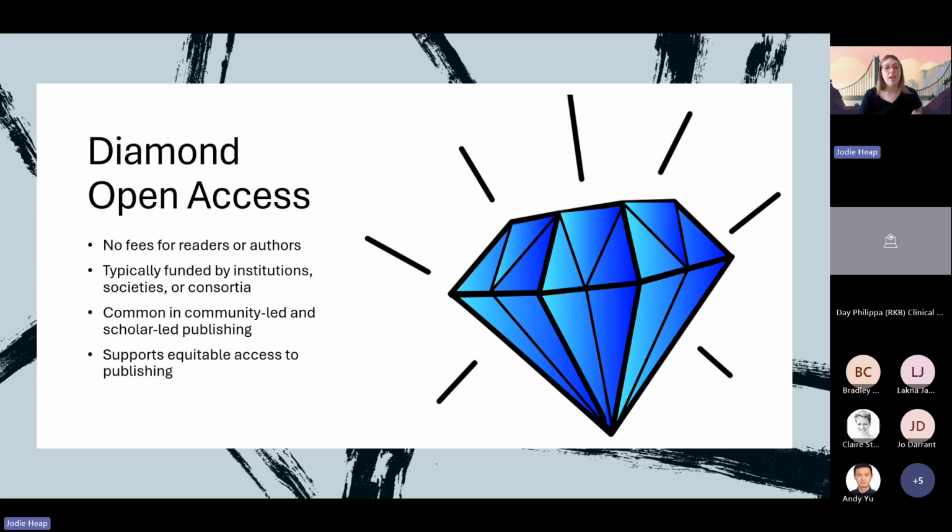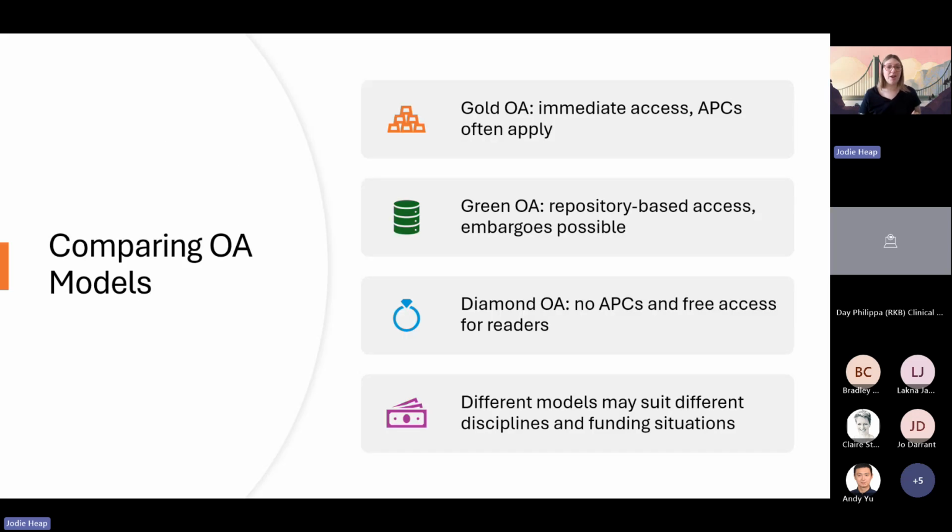So, hey. Okay. Just to recap for a moment, catch our breath, we've got gold open access, which is immediate open access through the publisher's website, but article processing charges often apply. We've got green open access, where the article is made open through an institution's internal repository, but there may be embargoes in place depending on your institution's specific rules.